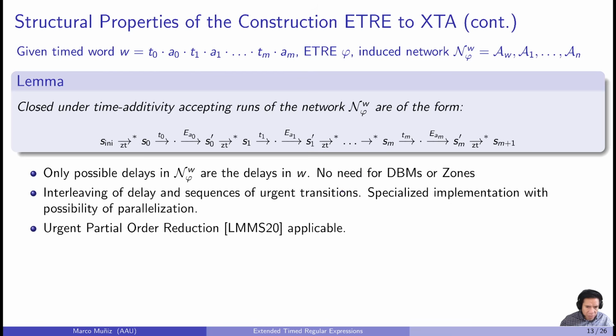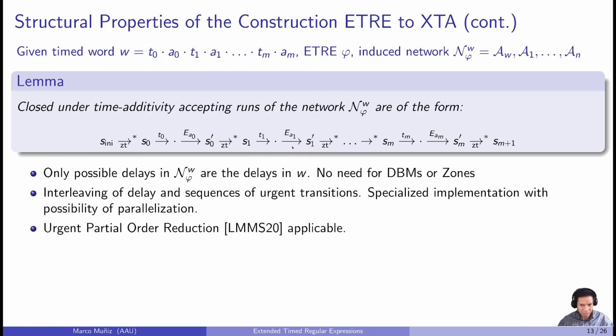In addition, we see that there is an interleaving of sequences where time cannot elapse and then time elapsing. So this gives us a two-level algorithm, one for dealing with the time and the other one doing the urgent exploration. And in particular, we have work for doing partial order reduction in this kind of systems where there are big fragments of the system where there is no time, the so-called urgent partial order reduction, which is implemented here.